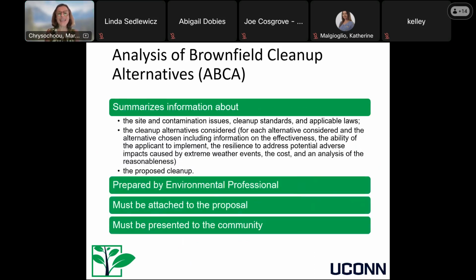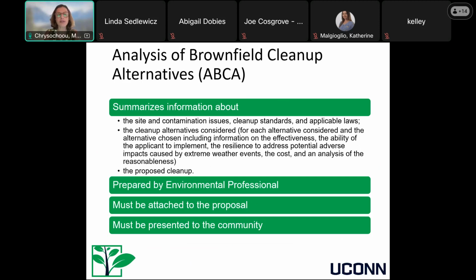This stands for the Analysis of Brownfield Cleanup Alternatives. This is a document that summarizes information about the site itself and what contamination issues there are, what the cleanup standards are that you need to follow, and the applicable laws. It summarizes what cleanup alternatives you have considered, for example, do nothing, remove soil, cap soil, something like that.